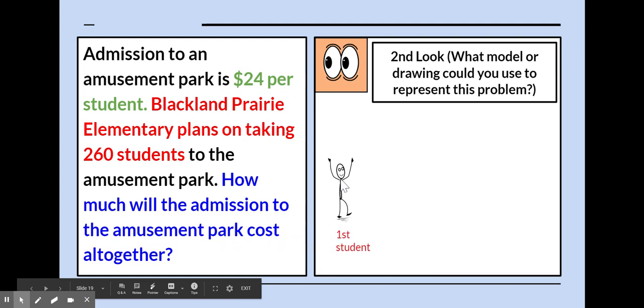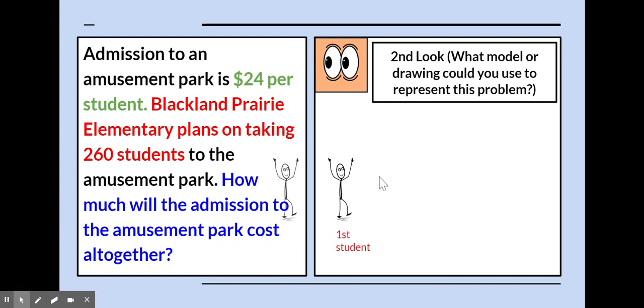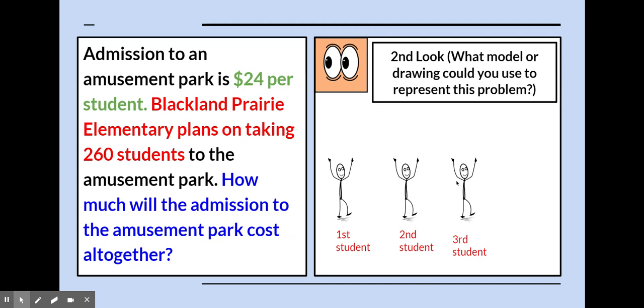So here is our first student and our second student, our third student. And because the problem is asking for 260 students and it's not feasible to draw 260 students, we're just drawing a representation of our story.